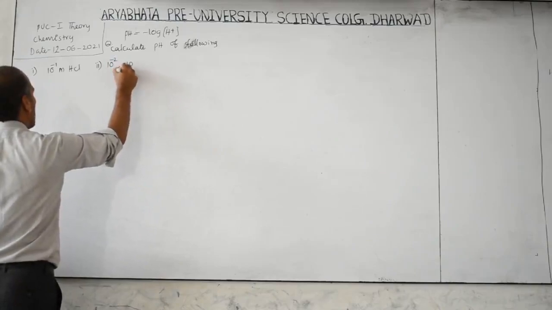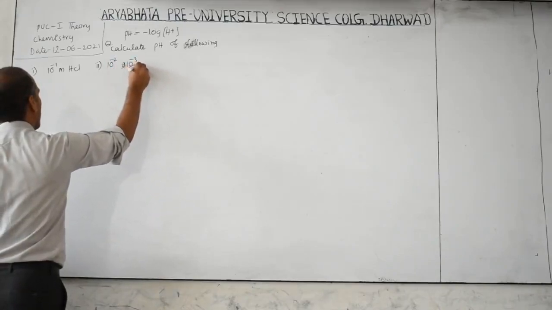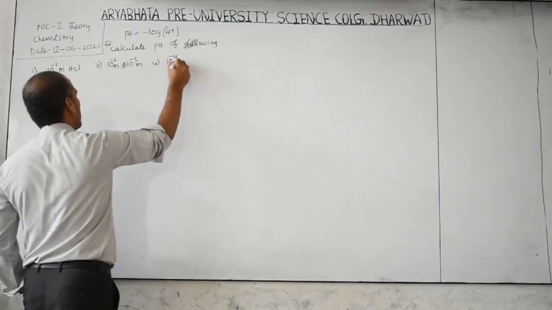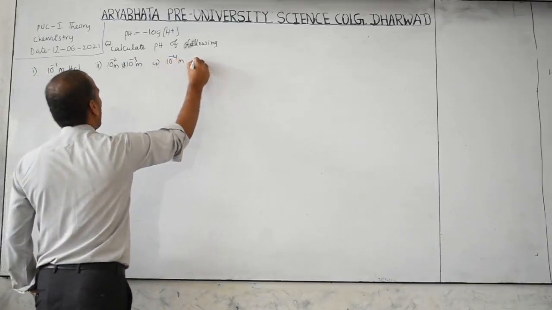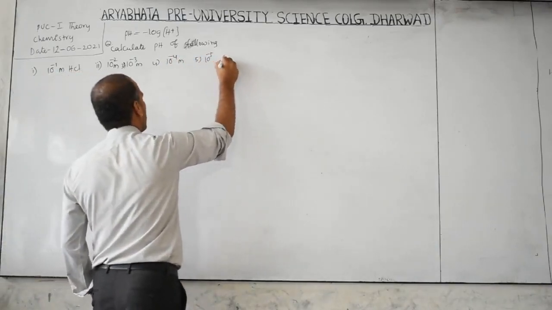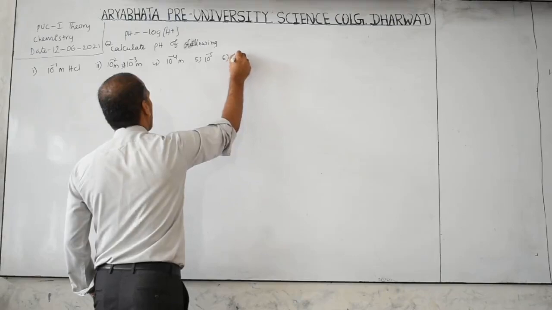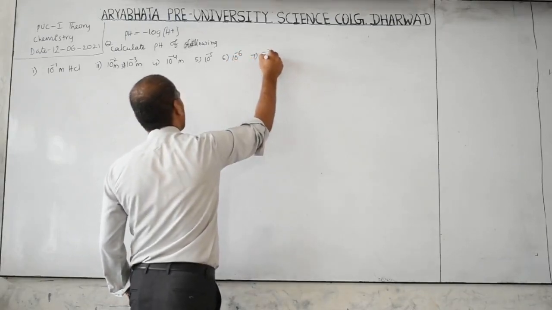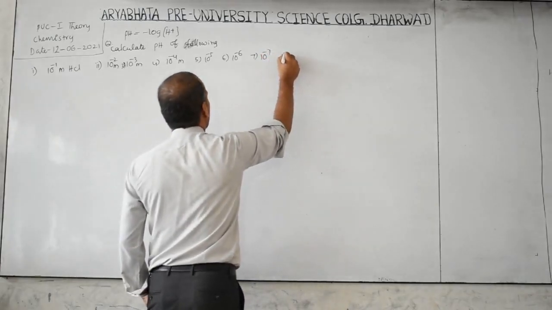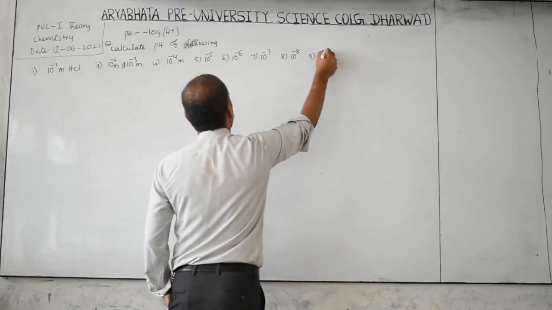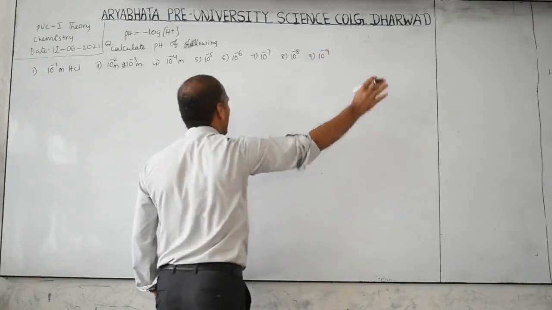Third one, 10 power minus 3 M. Fourth one, 10 power minus 4 M. And fifth one, 10 power minus 5. Sixth one, 10 power minus 6. Seventh one, 10 power minus 7. Eighth one, 10 power minus 8. Ninth one, 10 power minus 9. Like this will be there.